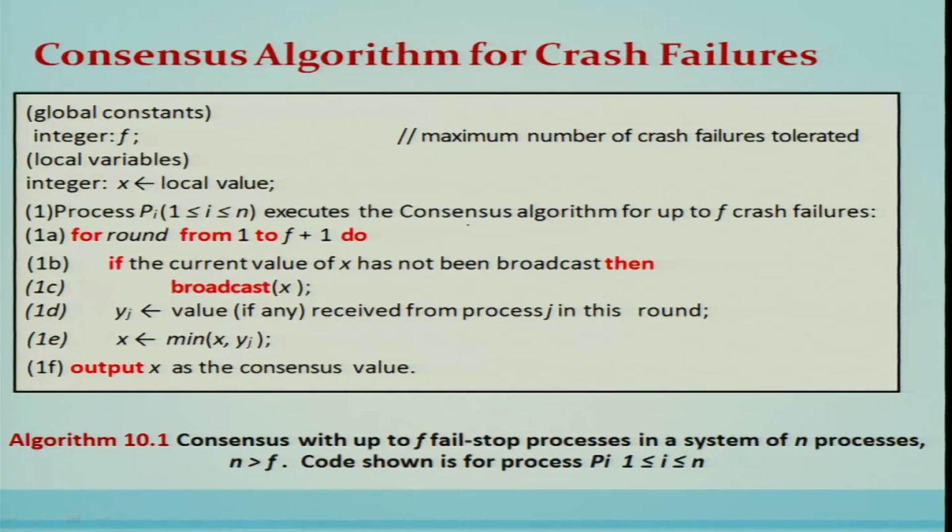Let us say that we have 3 different processors and one is faulty. So f is equal to 1 in this case, and the agreement requires f plus 1, that is 2 rounds.